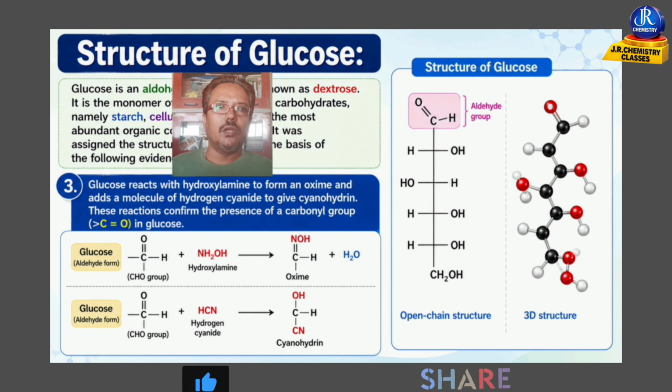Number three, glucose reacts with hydroxylamine to form an oxime and adds a molecule of hydrogen cyanide to give cyanohydrin. These reactions confirm the presence of a carbonyl group, C=O group, in glucose.